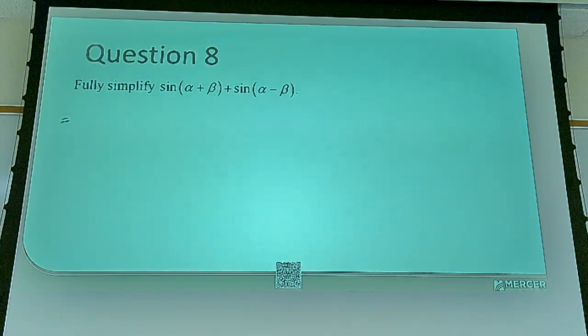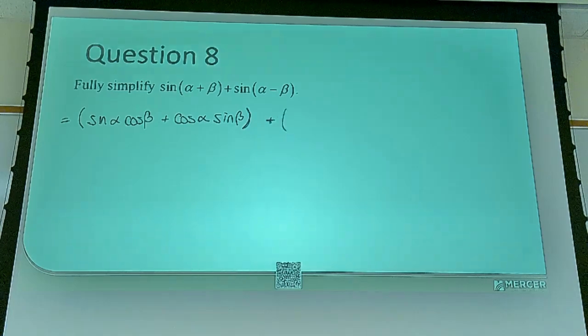Again, use these sum and difference identities on sine. You know what sine of alpha plus beta is. Right, there it is.